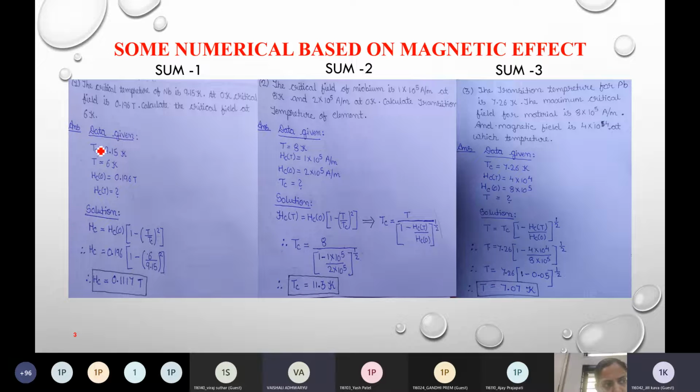Here the data given is Tc as 9.15, which is the transition temperature, T is the temperature, which is 6 Kelvin, and Hc of 0 is 0.196. We have to find the critical field, which is Hc of T. By using this formula, we put in all the values: Hc of 0 as 0.196, T as 6 Kelvin, and Tc as 9.15, and by calculating it we got Hc as 0.1117 T.